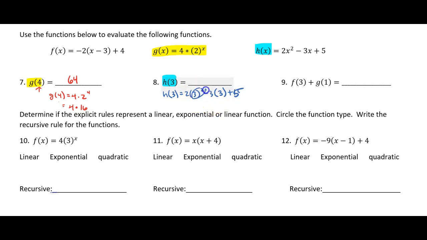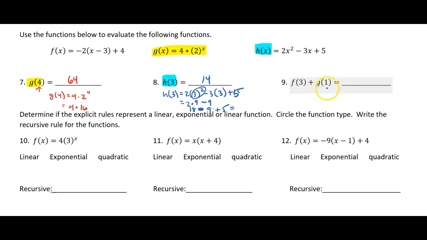So remember, 3 squared is going to give you 9. And then 2 times 9 will give you 18. Minus 3 times 3 is 9. So minus 9 plus 5. 18 minus 9 is 9. Plus 5 is 14. Again, you can plug it in the calculator exactly the way you see it.